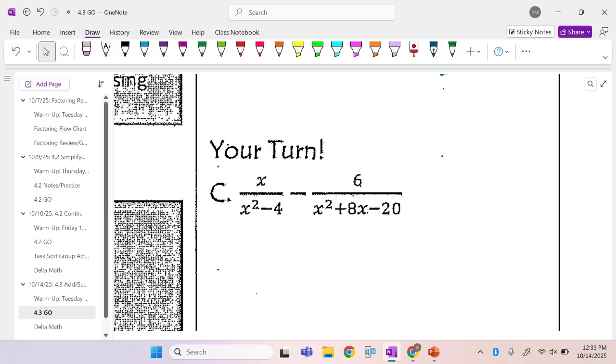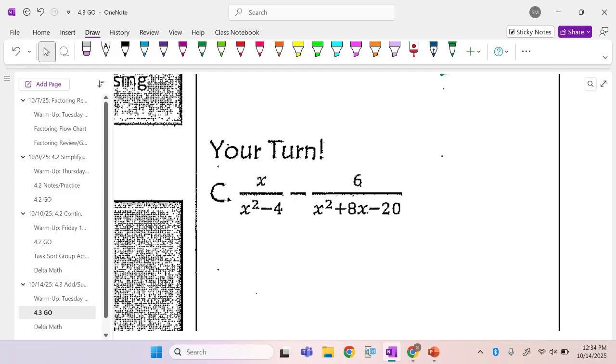Here, what do you think? I'm figuring out what I'm distributing. X times x is x squared.